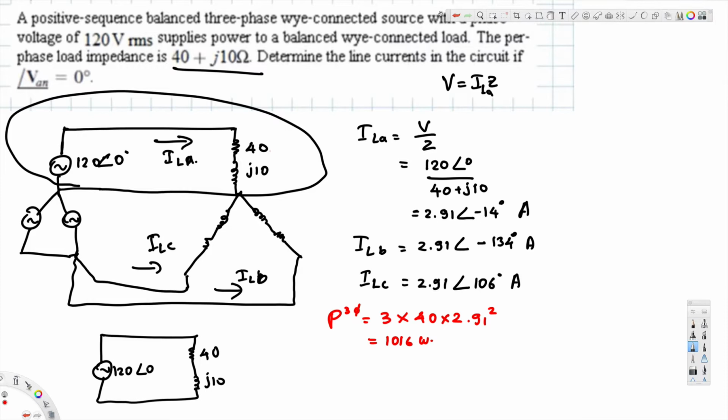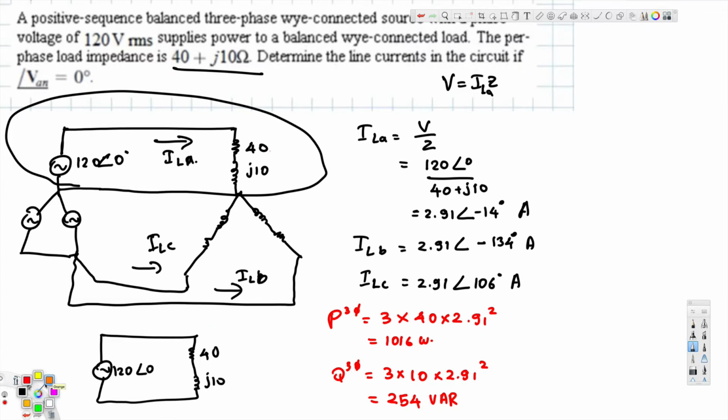And total reactive power, that is Q three-phase, and that gives us 3 times the imaginary part, that is 10, times the IRMS current, 2.91 squared, and that gives us 254 volt-ampere reactive.